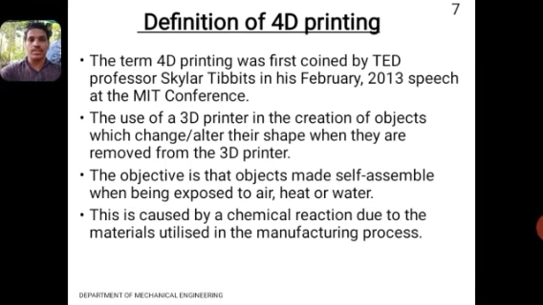The objective is that objects made self-assembly when being exposed to air, heat or water. This is caused by a chemical reaction due to the materials utilized in the manufacturing process.